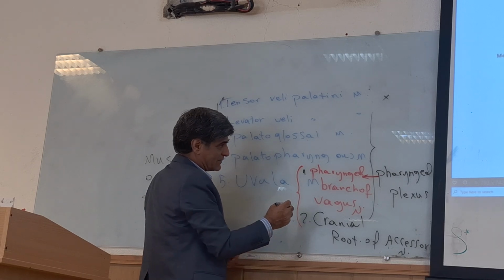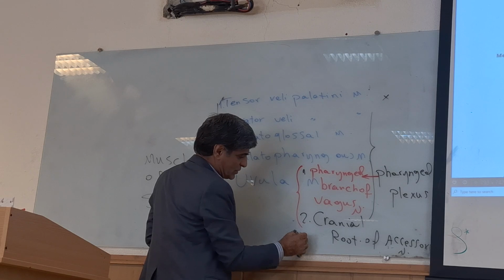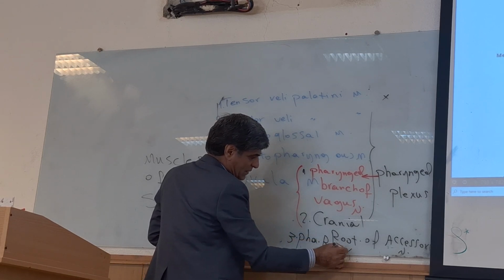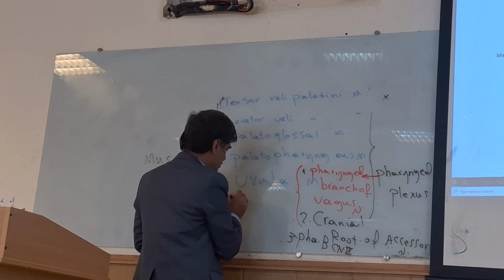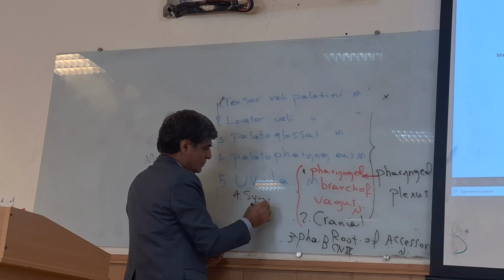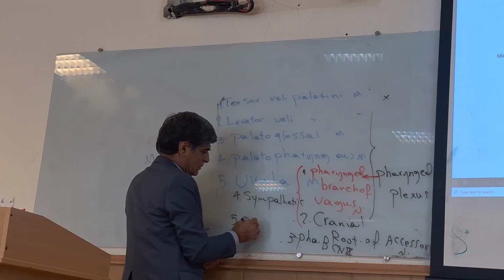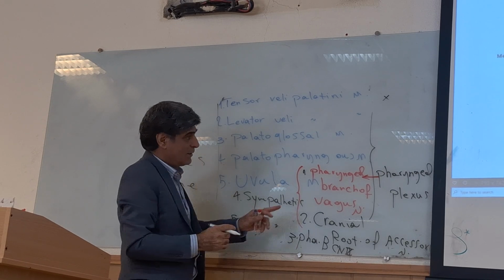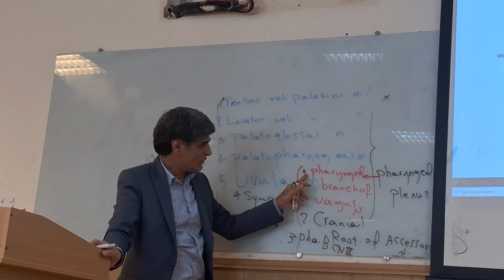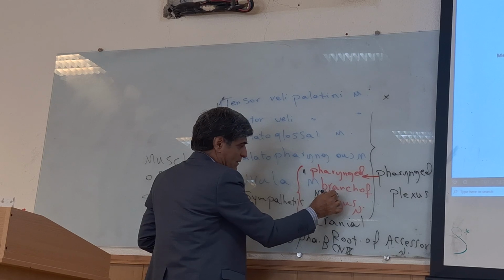The pharyngeal plexus has another contribution from the pharyngeal branch of CN9, and from some sympathetic and parasympathetic fibers. So the pharyngeal plexus is formed from 5 nerves. The pharyngeal branch of the vagus nerve carries motor fibers.